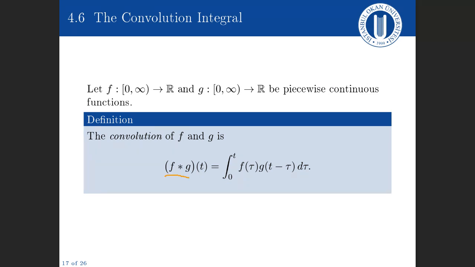And what this means is the integral from 0 to t, f of tau, g of t minus tau d tau. This is the Greek letter tau, but this is a dummy variable. You could use any letter here. So if you wanted to write z, z, and z, that would be okay.